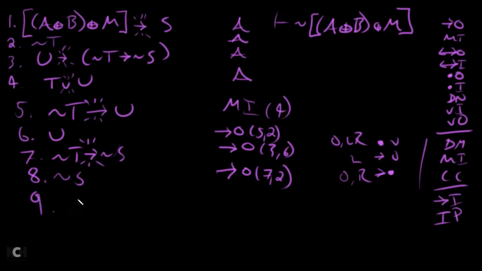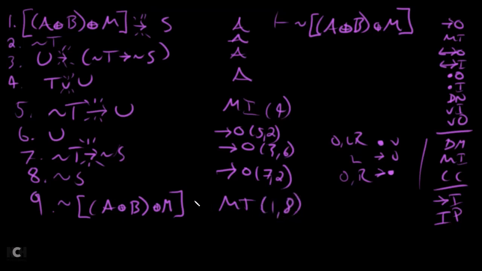That would be all that's there. A, X or B, X or M, with a squiggle in front of it. Modus tollens, 1 and 8. And that's exactly what my goal is, which means this proof is done.